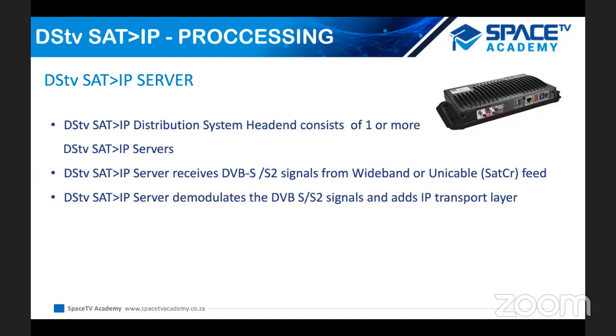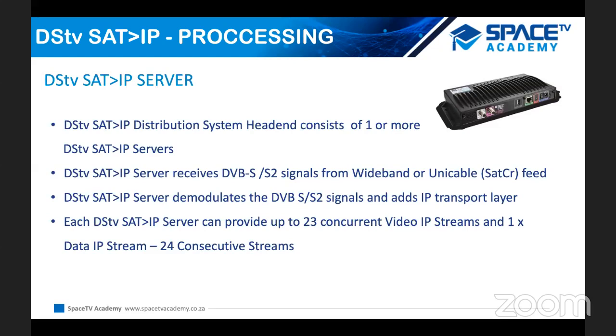The DStv SATIP server demodulates the DVB-S S2 signals and adds the IP transport layer. And each DStv SATIP server can provide up to 23 concurrent video IP streams and 1 data stream, 24 concurrent streams. So what this means is that each server can feed 23 decoders maximum.